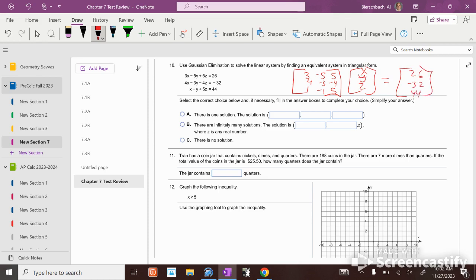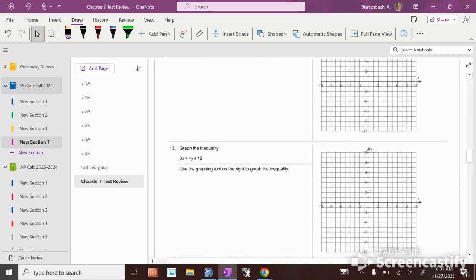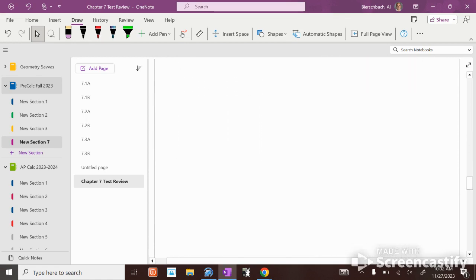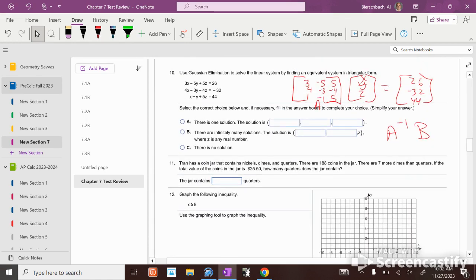So you take, this is A, so you take A inverse times B, and it should give you your answer of what you need. Yeah, I'll just leave that for now.